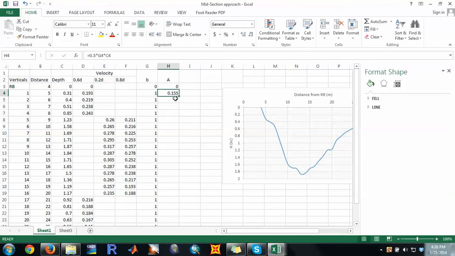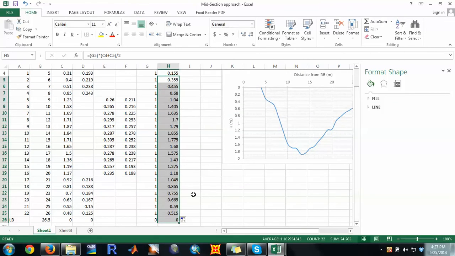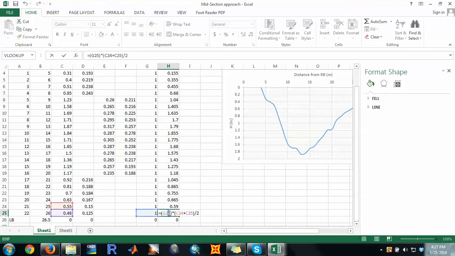Then you can calculate this part as a trapezoidal section, which is B, the width, multiplied by D1 plus D2 over 2. Okay. So this goes on up to this point. So we have zero area at this particular point, and this one is our area at this particular point.